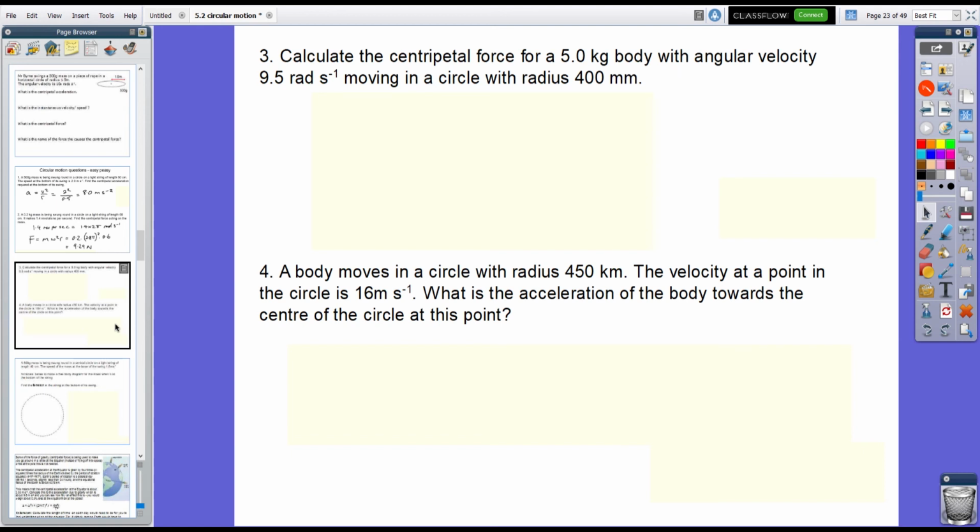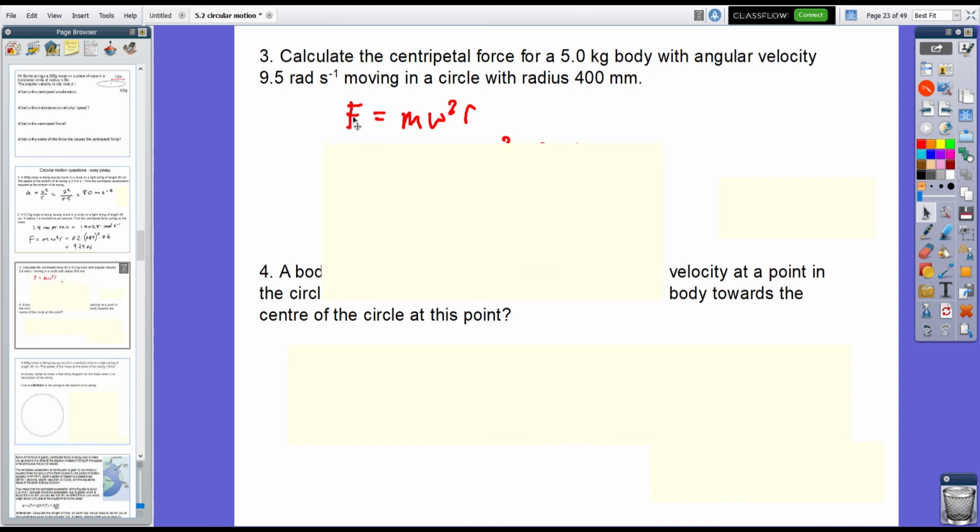So, calculate the centripetal force for a 5 kilogram body with angular velocity 9.5 radians per second moving in a circle of radius 40 millimeters. We've been given omega and r. So, instead of using F equals m v squared over r, let's use omega squared r. Because it's F, it's going to be F equals m omega squared r.